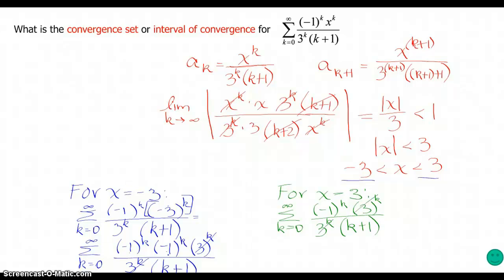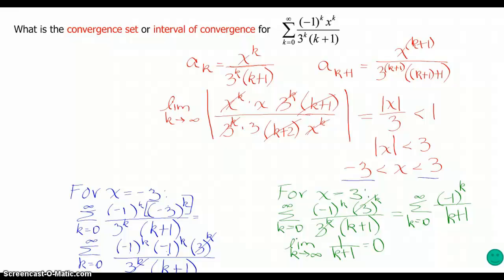And those are going to cancel, so this series cleans up quite nicely to the alternating series that looks like that. So we can quickly run the alternating series test. We plug the positive portion in. If we get 0 out, this converges by the alternating series test.